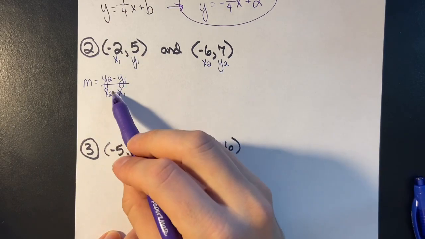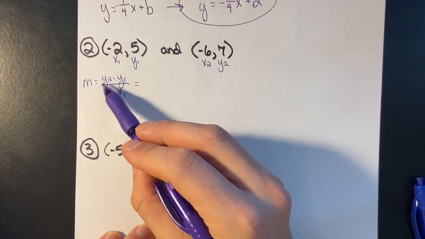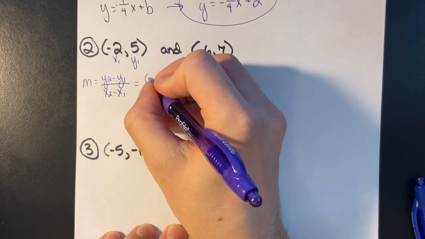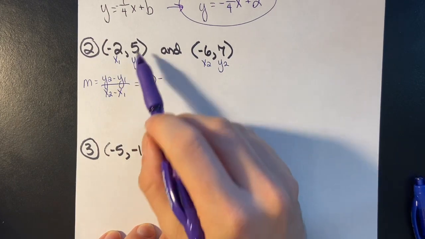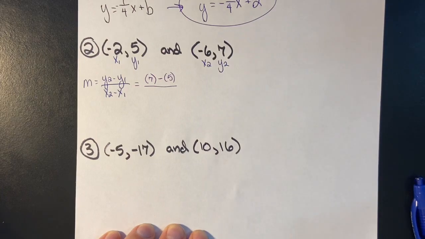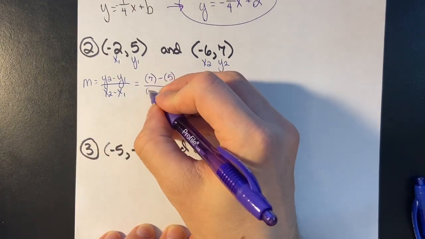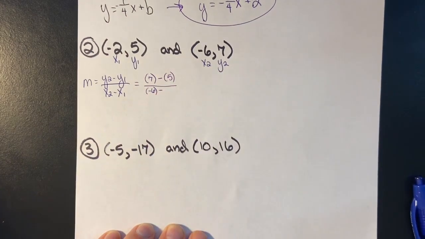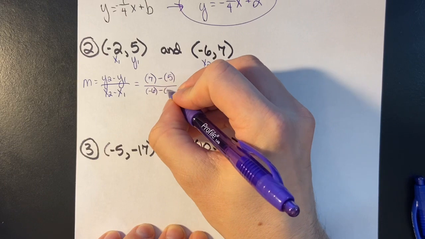Now I rewrite the slope formula using these numbers in its place. Y sub 2 is 7, always the minus in the middle. Y sub 1 is positive 5. X sub 2 is negative 6, minus in the middle. X sub 1 is negative 2.